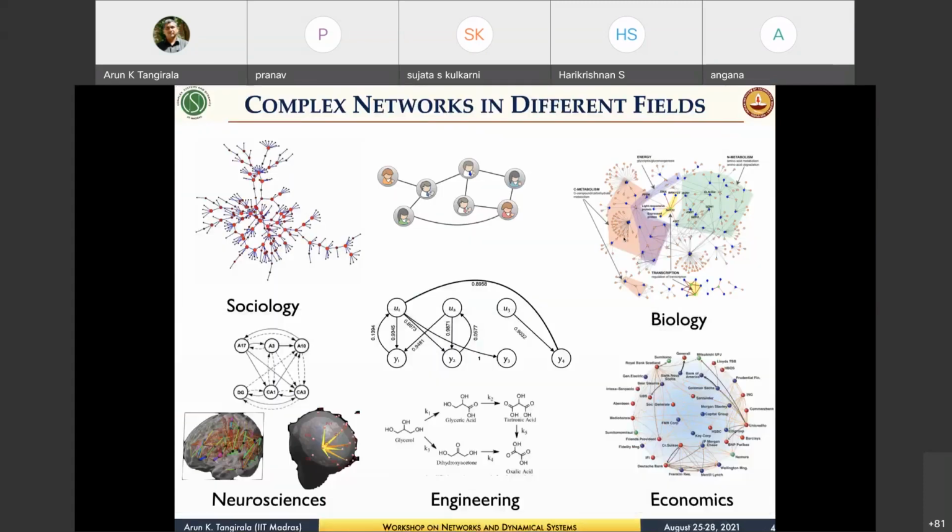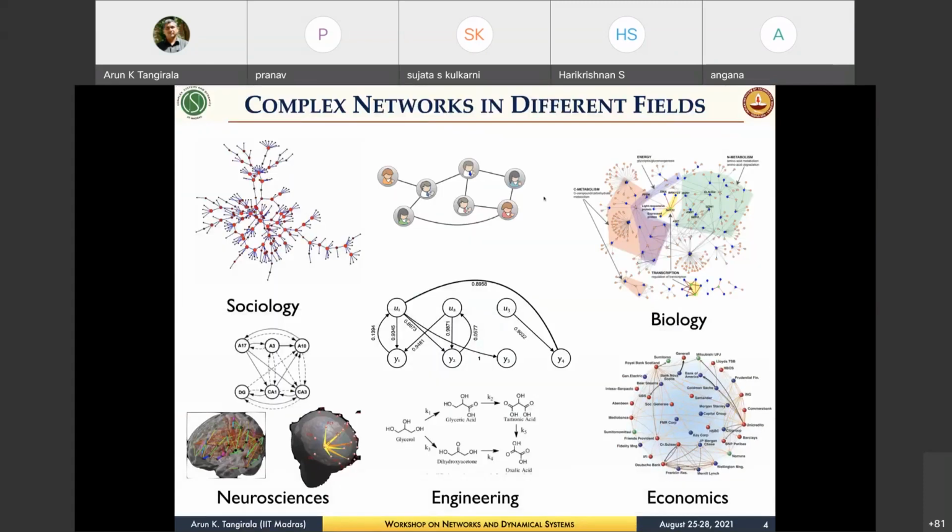Okay, so these network representations appear in many fields, and they can be very complex. So I'm not going to go over these, but this slide should give you a flavor of the diversity of fields that subscribe to these network representations. And at this point, if you look at it from a distance, yeah, networks look the same. There are nodes and edges. But as I told you earlier, you have to be careful. When you choose to work with a network representation, you have to really ask yourself, what is it that I want to encode?